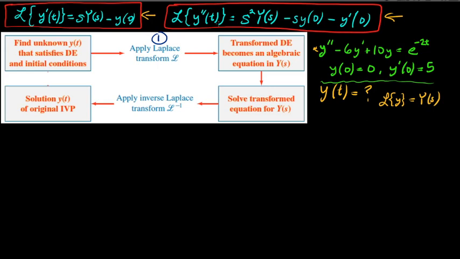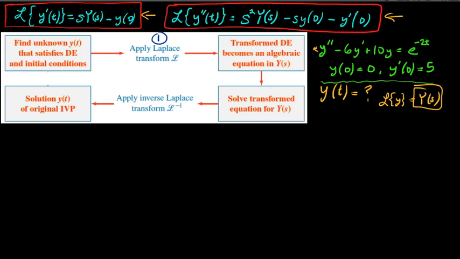So what happens then is you get an equation involving this capital Y of s here, and, in terms of y of 0 and y prime of 0, these are just numbers, by the way, right? These are just numbers. And, of course, s is our variable here. But we're treating the Y as what we're solving for, right? We're solving for Y of s.